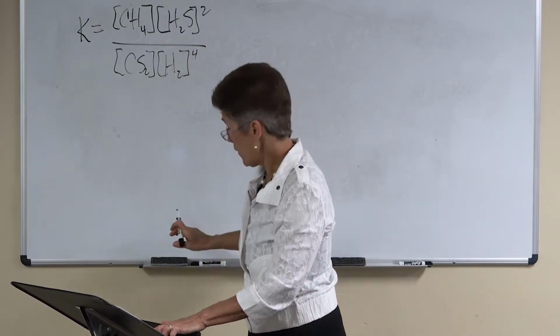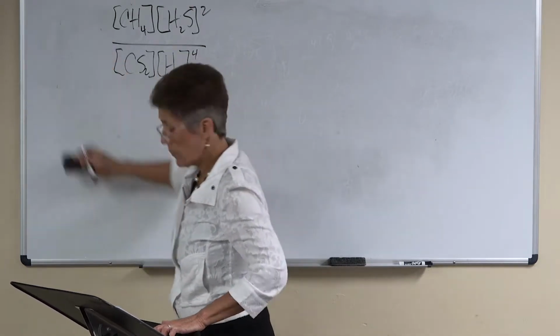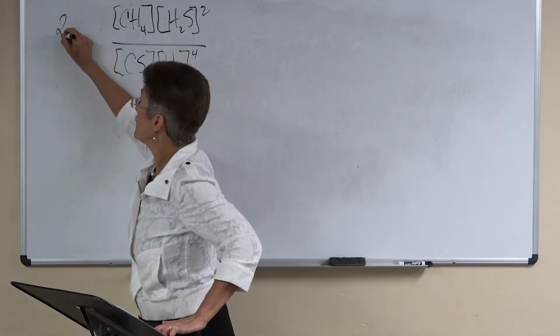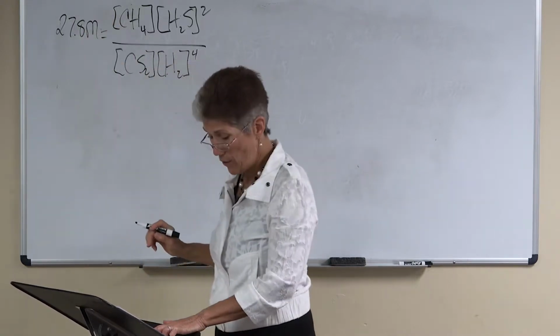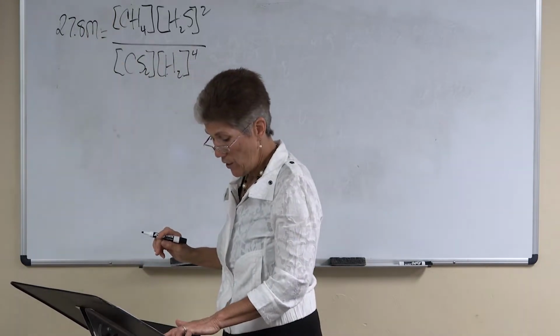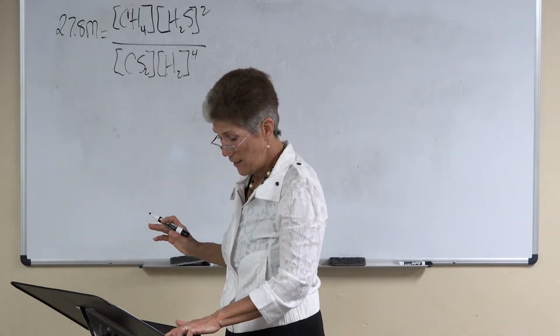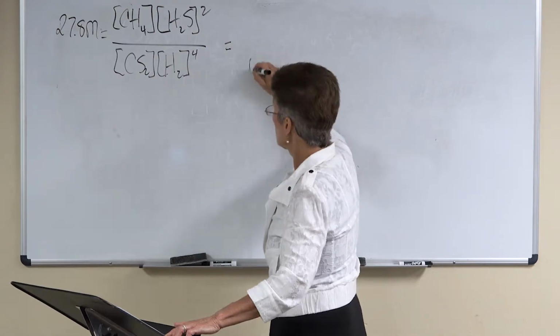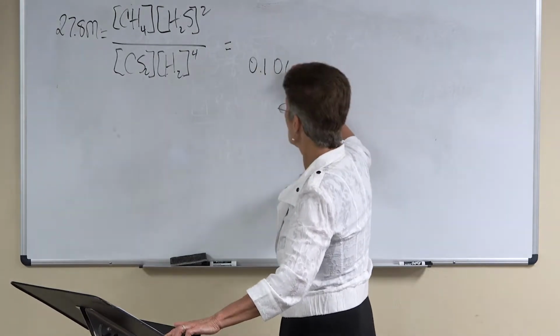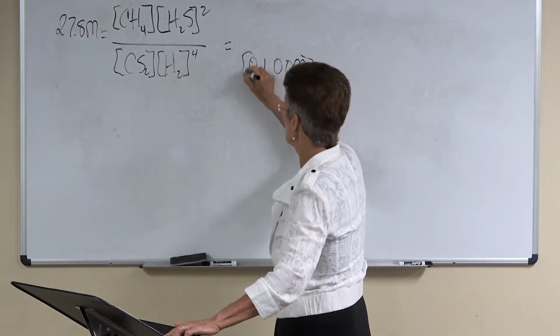Now, we know that this whole thing is at equilibrium at 27.8 molar at 25 degrees. So now you're going to start plugging in. For the first one, you're going to go ahead and put 0.100 molar down here.